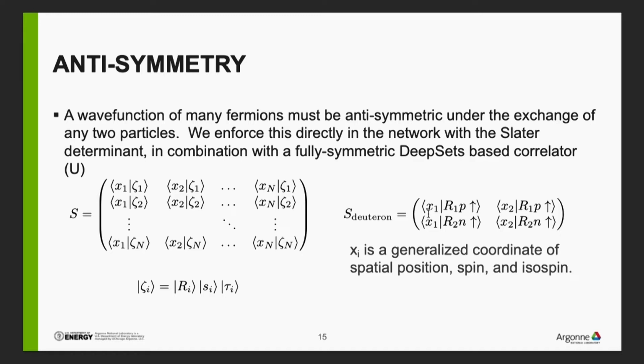Maybe that's valid. You just have to change sign. You compute this matrix and then take the determinant of it. And notice that switching the particles mathematically equates to swapping 2 columns of your matrix. And if you swap 2 columns in a determinant, you flip sign. So this is how we encode this symmetry into a neural network. All of these columns are represented by neural networks in our algorithm.